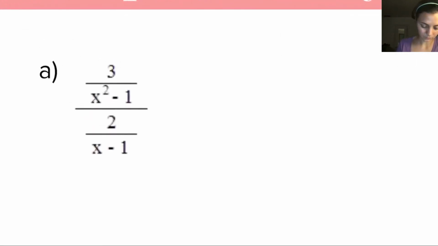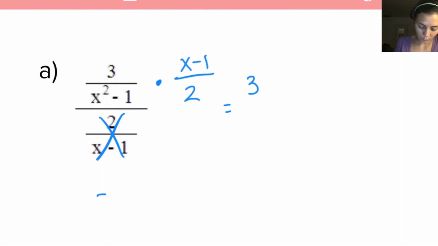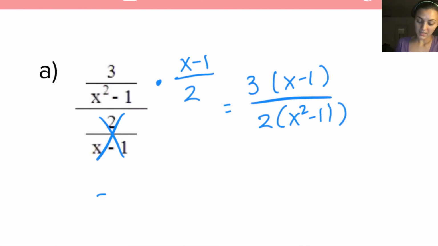So instead of dividing by this, we're going to multiply times the reciprocal, which is x minus 1 over 2. So this will equal 3x minus 1 over 2 times x squared minus 1, which is more simplified, but I see that I can factor that term in the denominator.